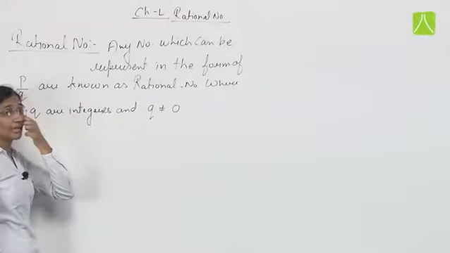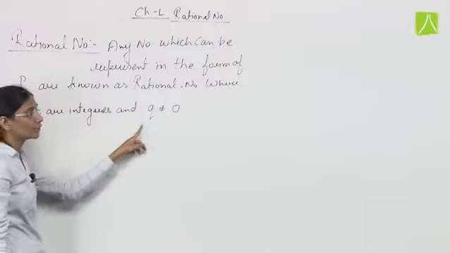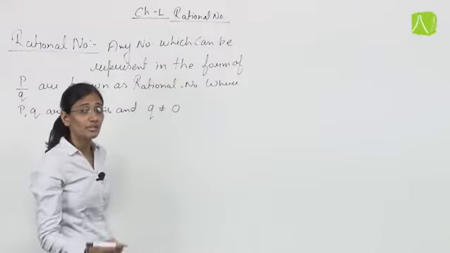Any number of the form p by q, where p and q are integers and q is not equal to 0, is known as a rational number.